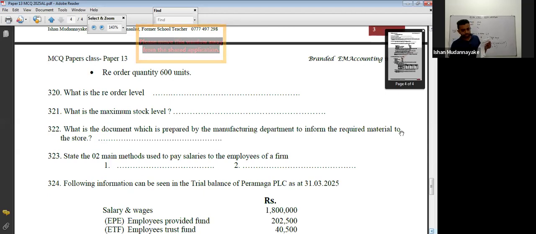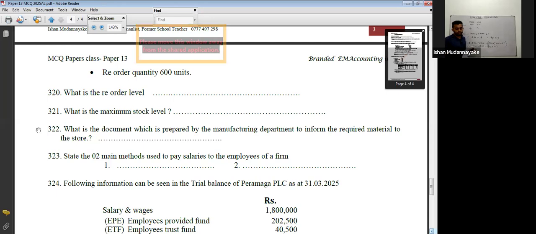The answer is the material requisition note, MRN.